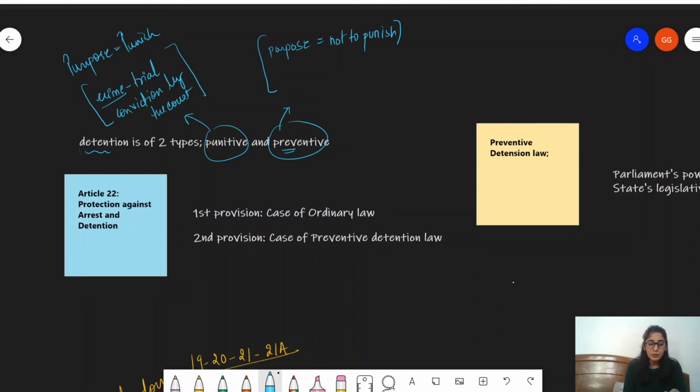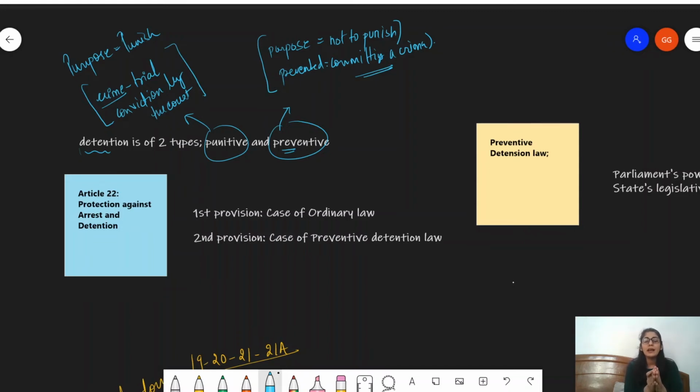Here, a person without trial, without conviction of the court, is prevented from committing a crime. Is this clear? So, what is he prevented from? Let me explain this in very simple language.